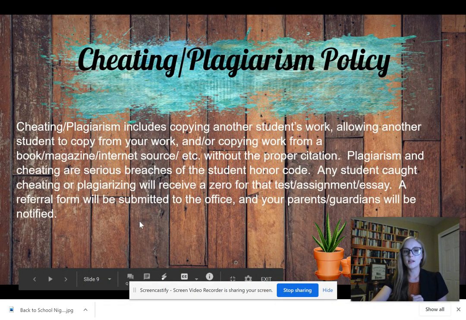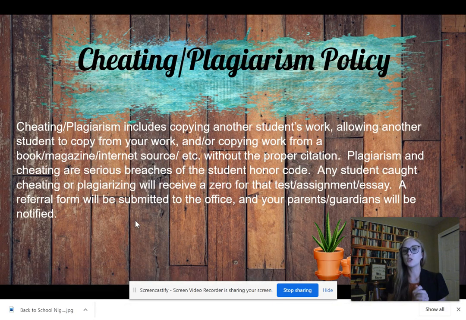Cheating and plagiarism policy. Cheating and plagiarism includes copying another student's work, allowing another student to copy from your work, and/or copying work from a book, magazine, internet source, etc., without the proper citation. Plagiarism and cheating are serious breaches of the Student Honor Code. Any student caught cheating or plagiarizing will receive a 0 for that test, assignment, or essay.